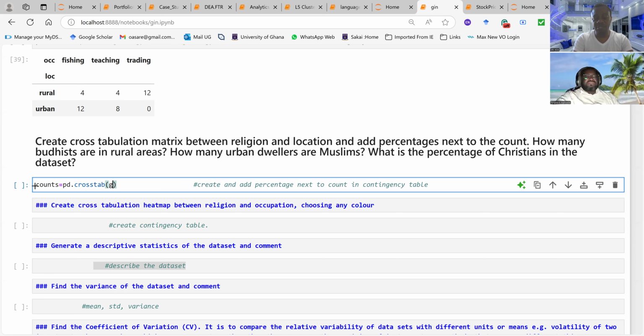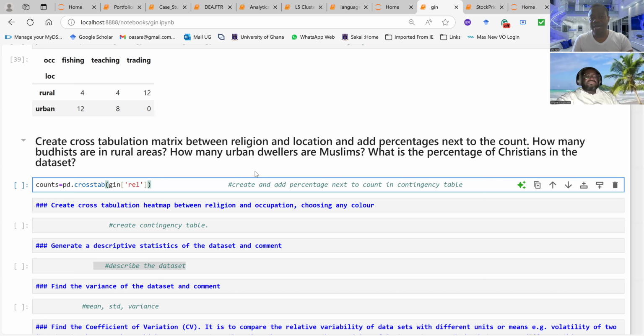So you type df. And then we are looking at religion and what? What name was given for religion? Is it REL, right? I want to believe so. So you bring your square bracket, and inside that, you bring your apostrophe and type REL, okay, for religion.